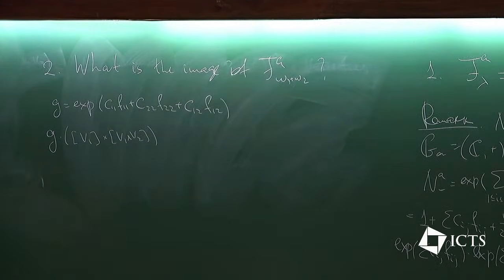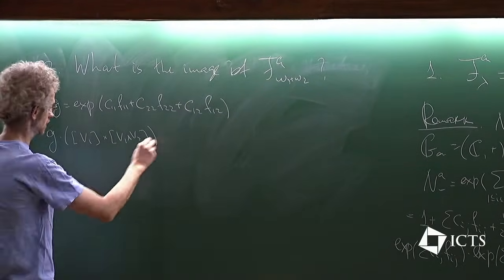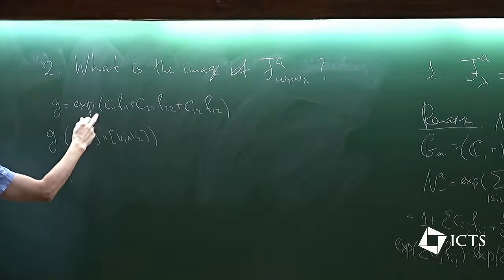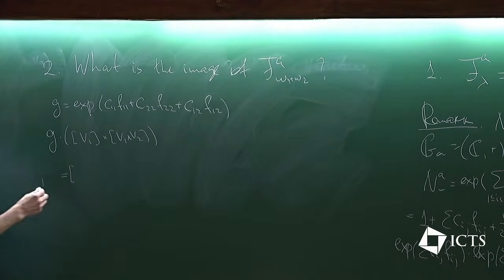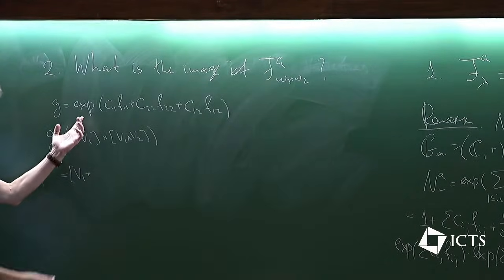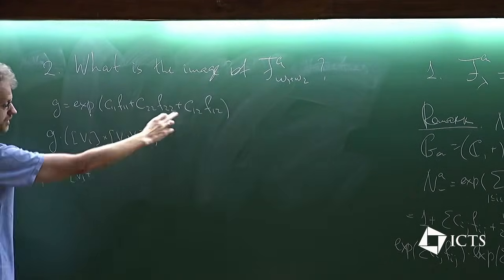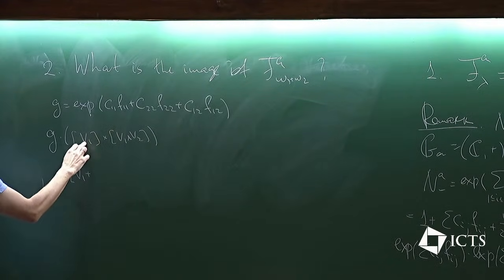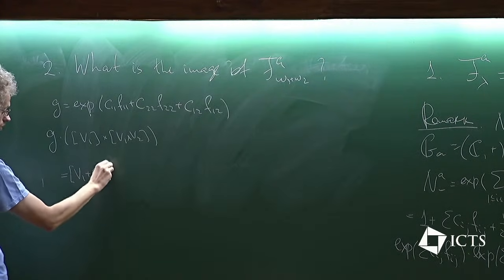Okay, so this is just the general recipe. Let's look at what the result is. Both spaces are three-dimensional, so it should be something very concrete. So let's apply g here. So g is of this form. First of all, this exponent contains the identity. So we have V_1. And then we need to apply the linear term, which is just this composition. This guy produces V_2 from V_1. So we get c_11 V_2.